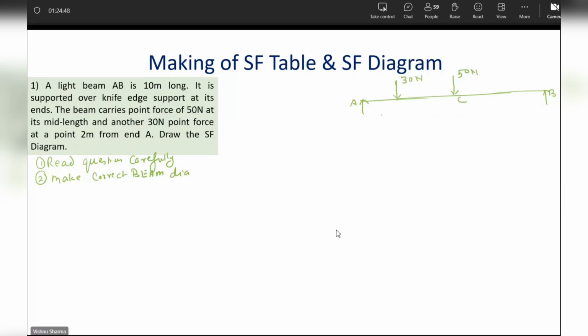I can call this point C and this point D. This will lead to a reaction RA of 49 newtons at A. We have already calculated, or let me calculate RA and RB. Okay, let me do the full question. This is 2 meters, this is 3 meters, this is 5 meters.